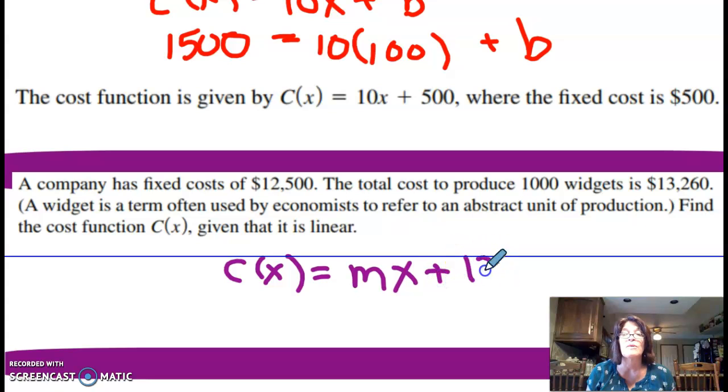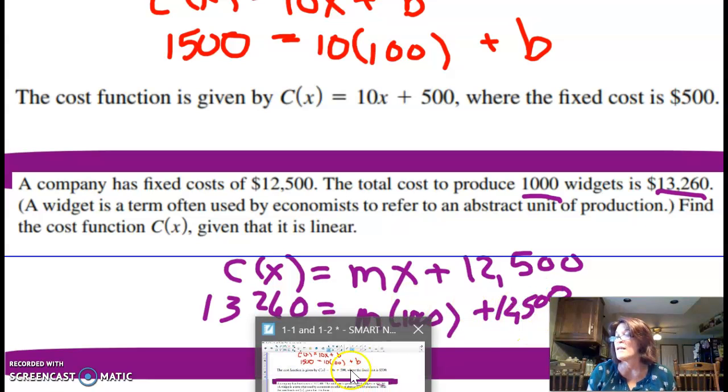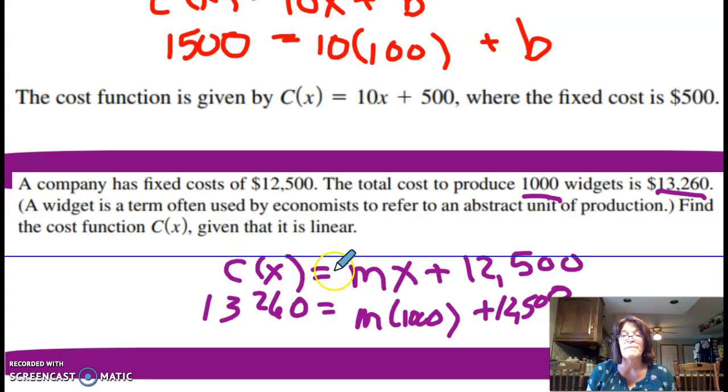I do know that: that's 12,500. I'm going to use 1,000 for x and 13,260 for the cost. 13,260 equals m times 1,000 plus 12,500. I'll subtract 12,500 and get 760.